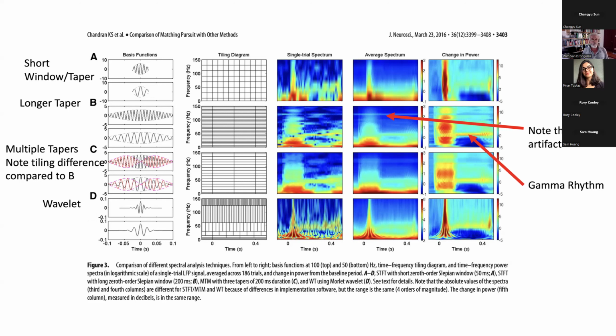So what we have here is, if you have a short taper, we know that the taper in time domain is short, and the associated frequency analysis or frequency resolution is also decent. However, if you take a longer taper, like here, you have longer distances between the windows, but of course the time is longer.